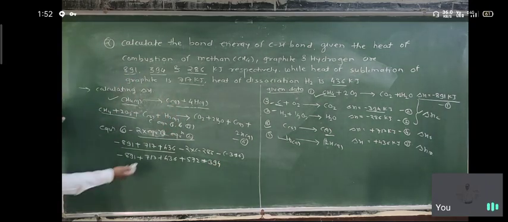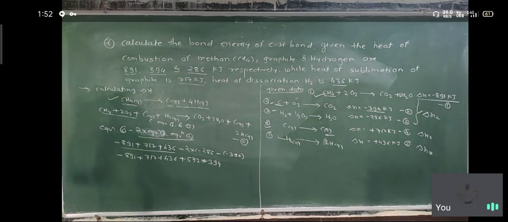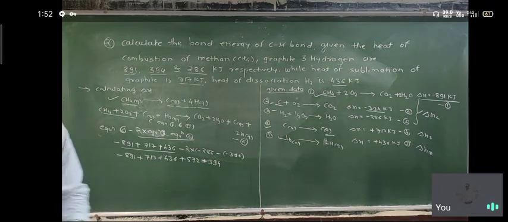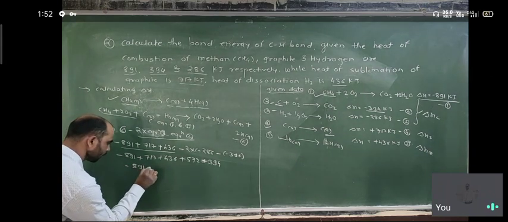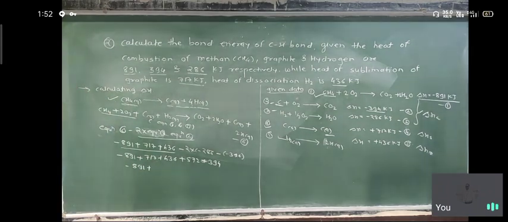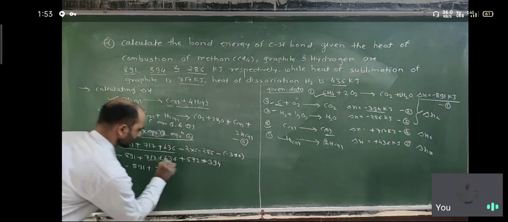When you add all together, the sum of all the positive values is 2250.